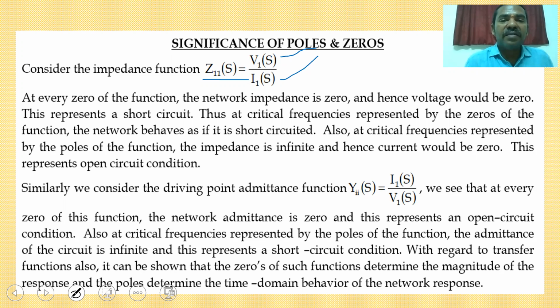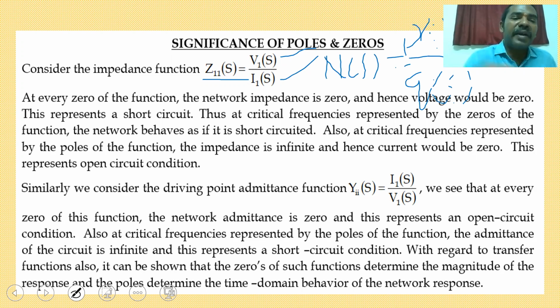That is, N of S is equal to P of S by Q of S. For finding the zeros, what you have to take? The numerator is equal to 0. Numerator equal to 0 means voltage is short circuited. Under voltage short circuit, the critical frequencies you are representing as zeros.